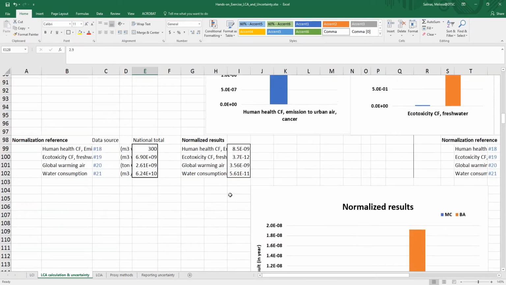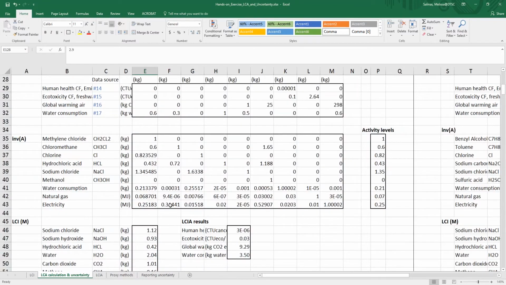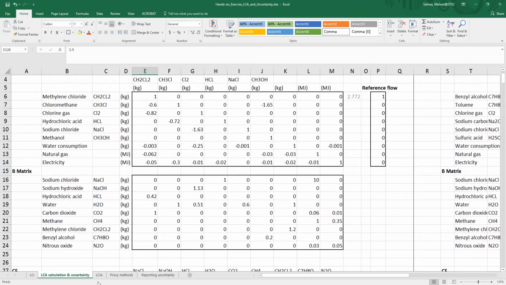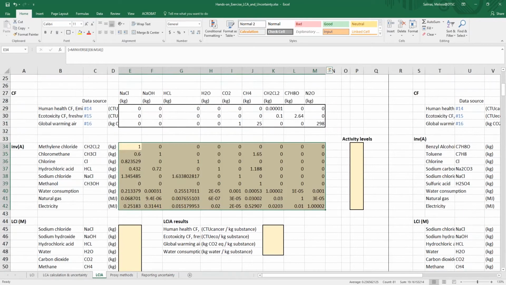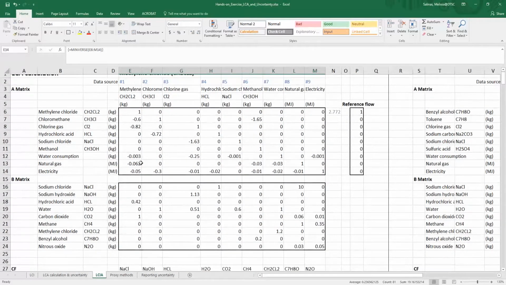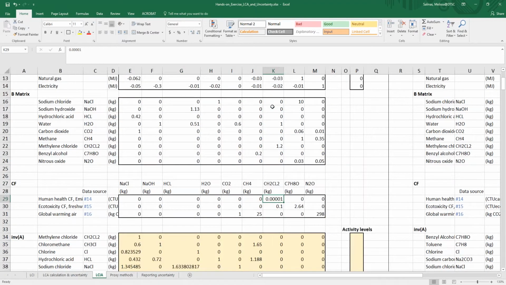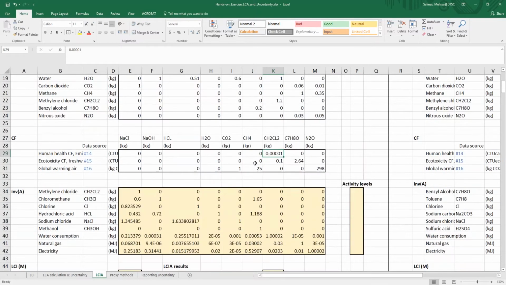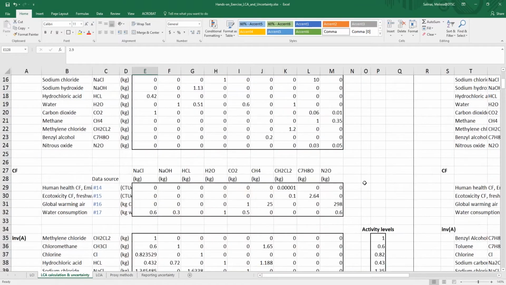In that case, let's look at the characterization factors for human health, which we have over here. So here we go. Let's look at the human health row. Well, actually, this is only one chemical that is contributing, right? Yeah. So for that chemical, let's look at this matrix that we have just generated.